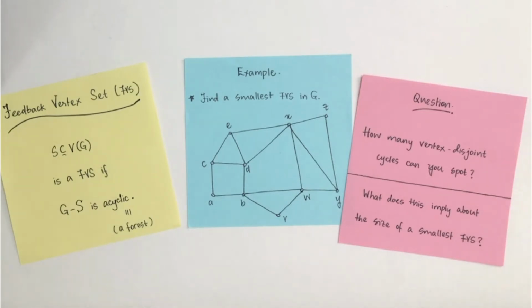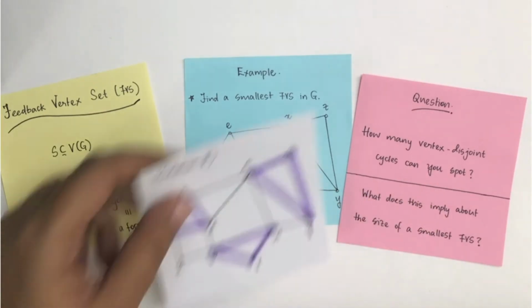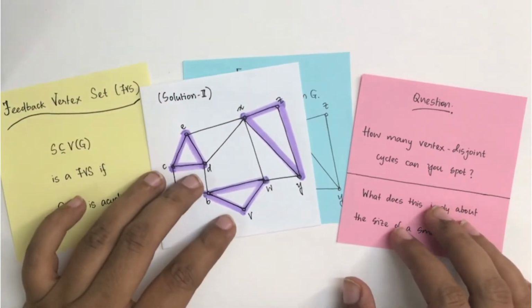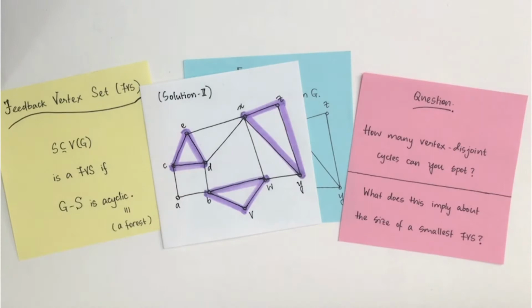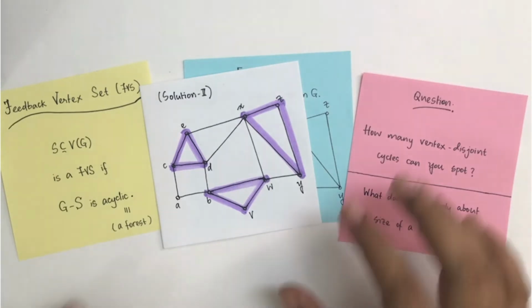And assuming that you've thought about it, let's get to answering the first question. It turns out that this graph that we drew before has 3 vertex disjoint cycles. You could ask if that's the largest number of vertex disjoint cycles that there are.